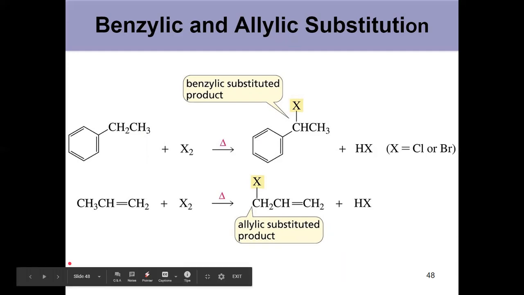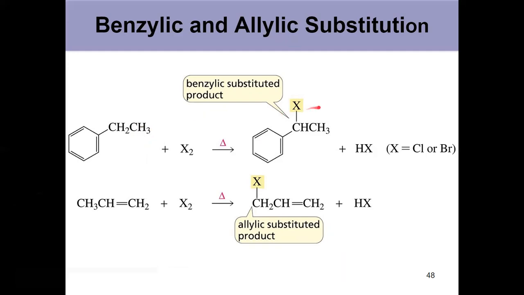So even though we have hydrogens right here that are more likely in terms of probability, we're going to get the benzylic substituted product here, dealing with adding chlorine or bromine in a radical reaction. It's going to preferentially go to the benzyl position or the allyl position specifically.